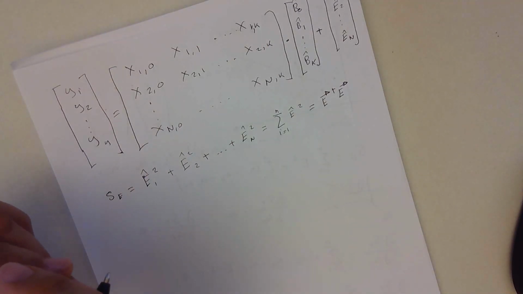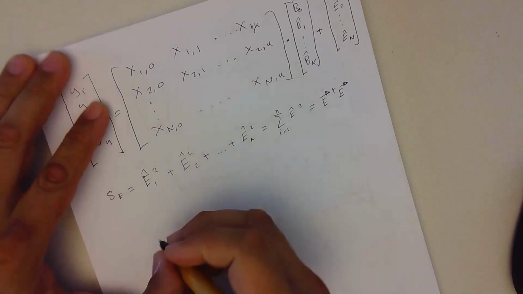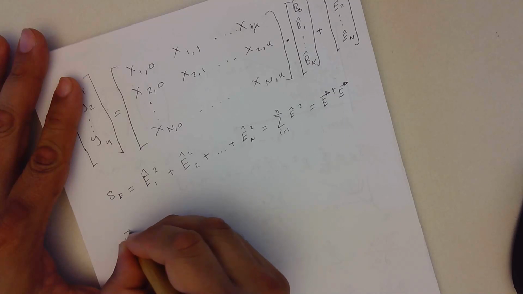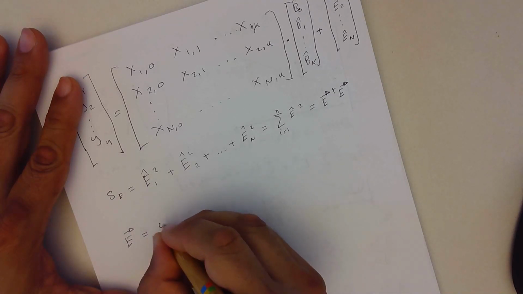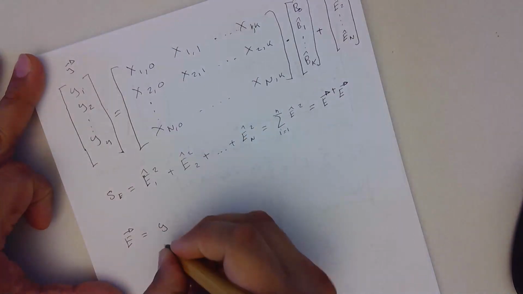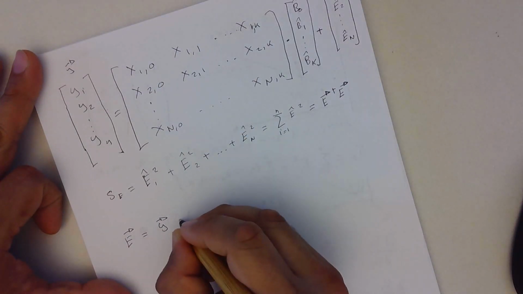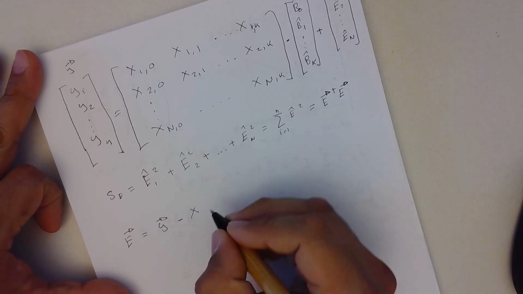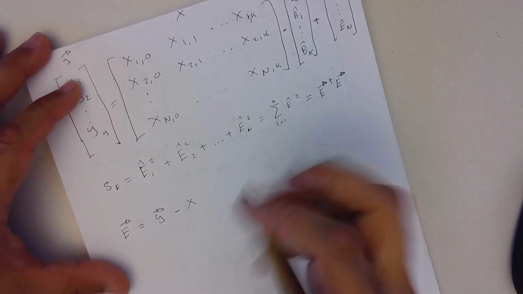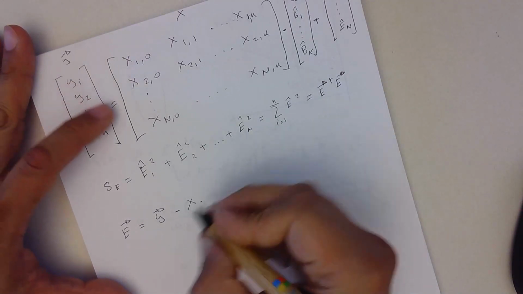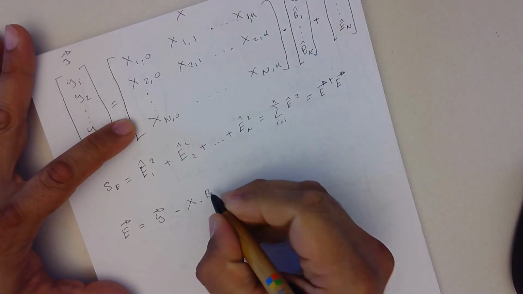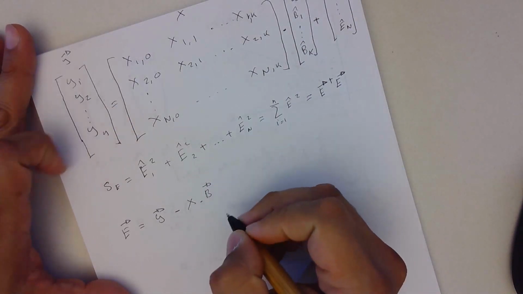So what we should do next, let's say that my error is equal to the vector, this is my vector y, minus my matrix X multiplied by the vector of betas, all the betas.